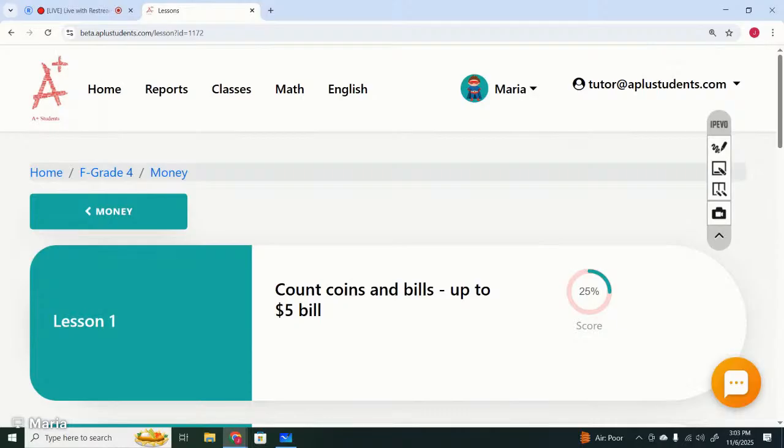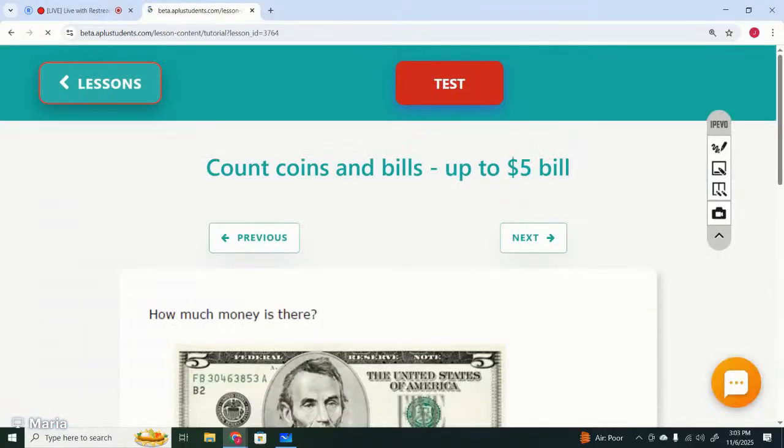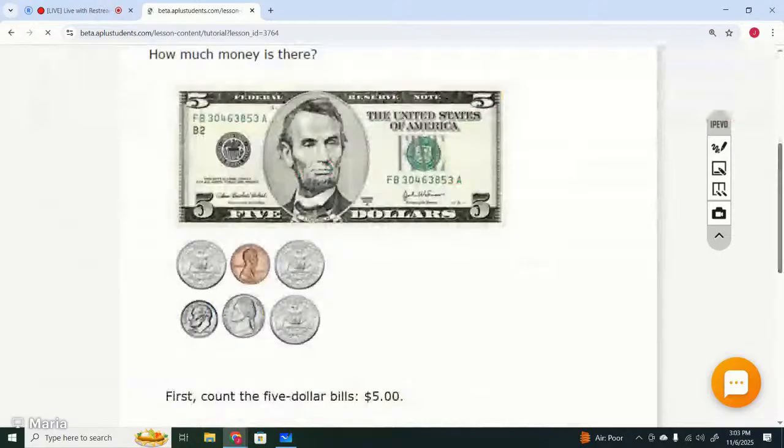Count coins and bills up to $5. So let's just start with the test questions. How much money? So we have a $5 bill and some coins, right?